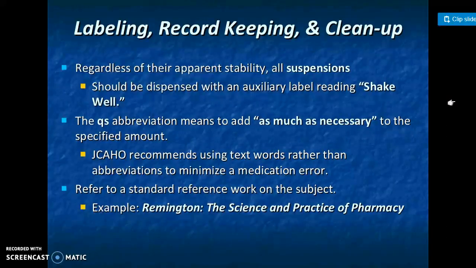There are certain recommendations of the words that are used, and so you have to spell it out in some cases in order to prevent medication error, and refer to the standard reference work on that particular subject. As, for example, there's a book called Remington: The Science and Practice of Pharmacy, which allows you to understand how suspensions are made.